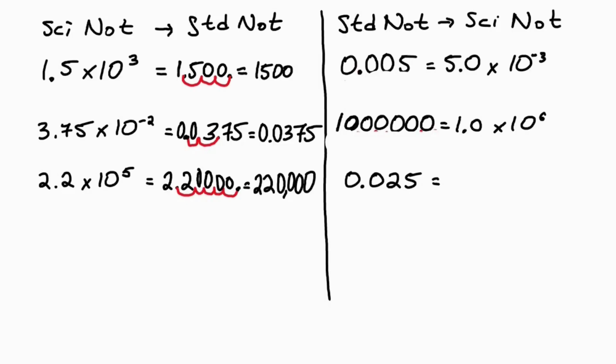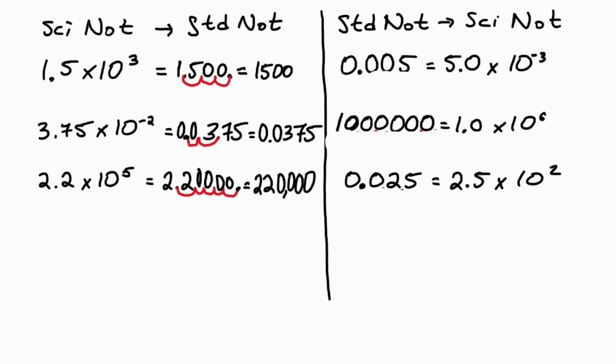All right, and how about this one? Where do we want to put our decimal place to have this be between 1 and 10? Right there, right? So our new number is going to be 2.5 times 10 to the... how many times did we have to move the decimal place? Originally, it's right here. We had to move it 2 times. And should this be a positive 2 or negative 2? Originally, the decimal place is, once again, right over here.